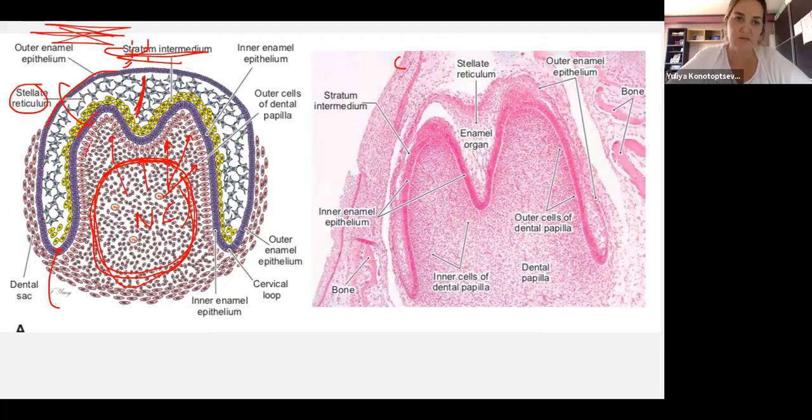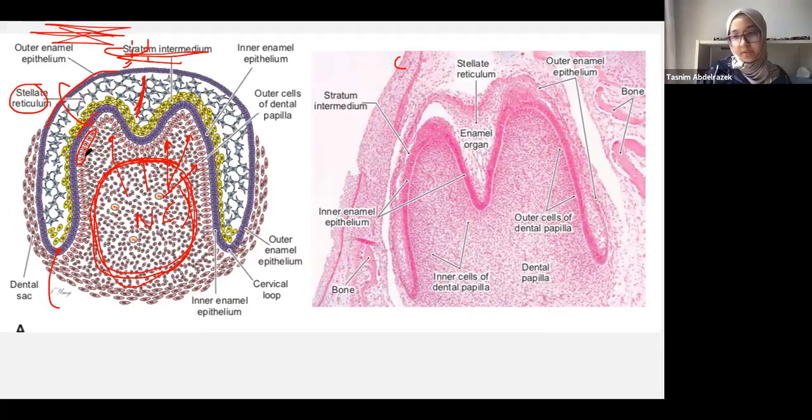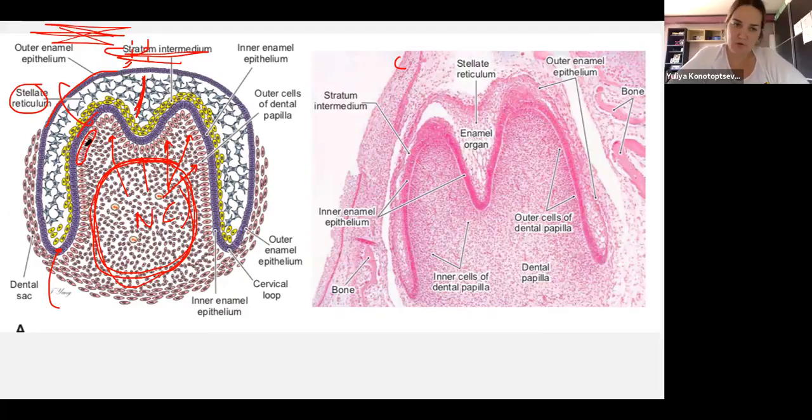Do you see these cells? That's your neural crest cells. They're right on the surface. Guess what they will become? Odontoblasts. So the neural crest cells on the surface of the dental papilla will differentiate to become odontoblasts.